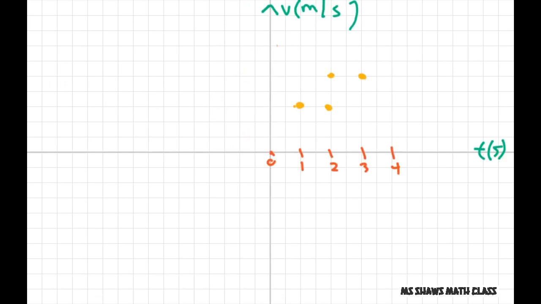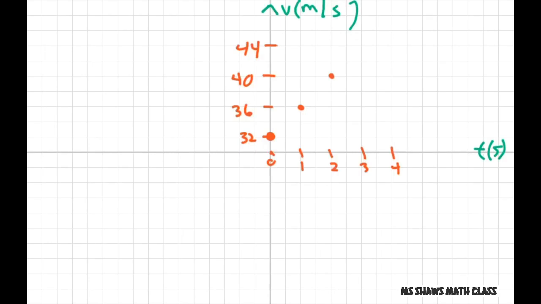So I labeled this wrong. Let's go back. So this is actually 32, 36, 40, and 44. All right, so initially at 0, it's 32. At 1, it's 36. At 2, it's 40.